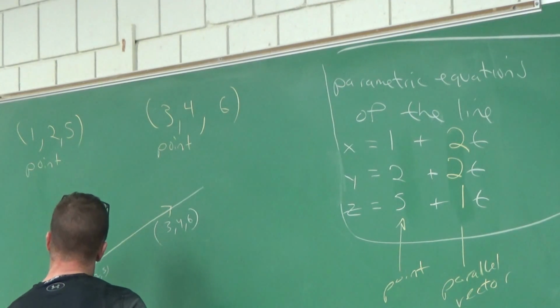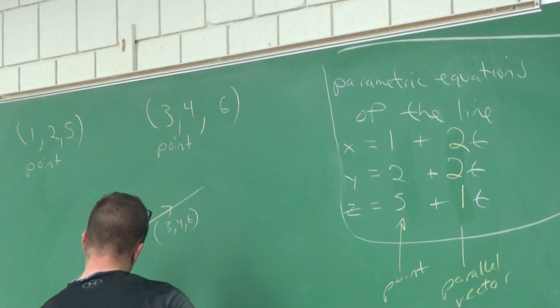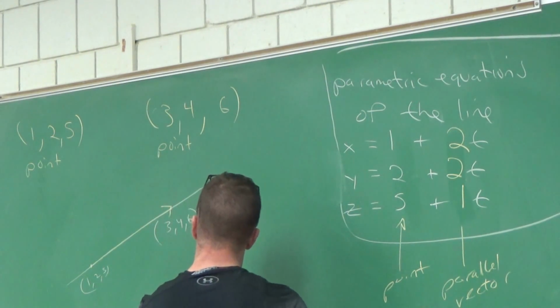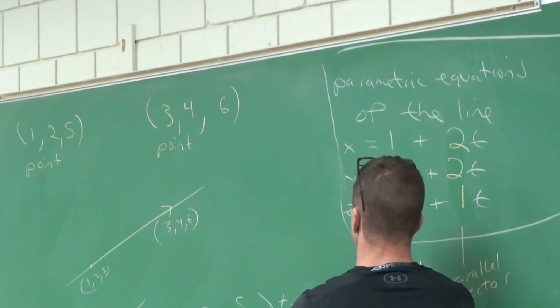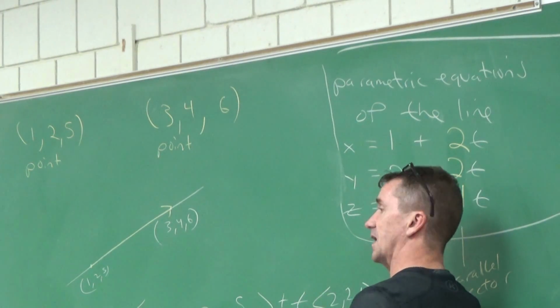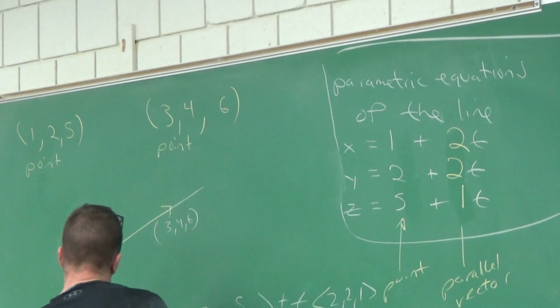What's the vector equation of a line? R of t. All right, then, 1, 2, 5 plus t times 2, 2, 1. Just remember, where is that parallel vector going? With the parameter, right? We derived it that way. Or what's another way?